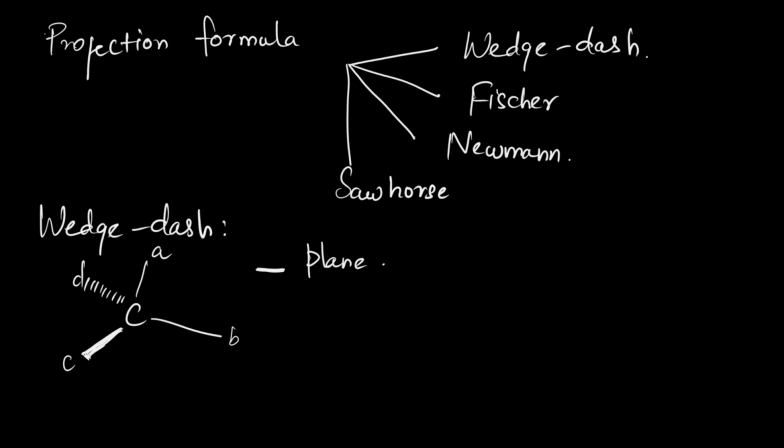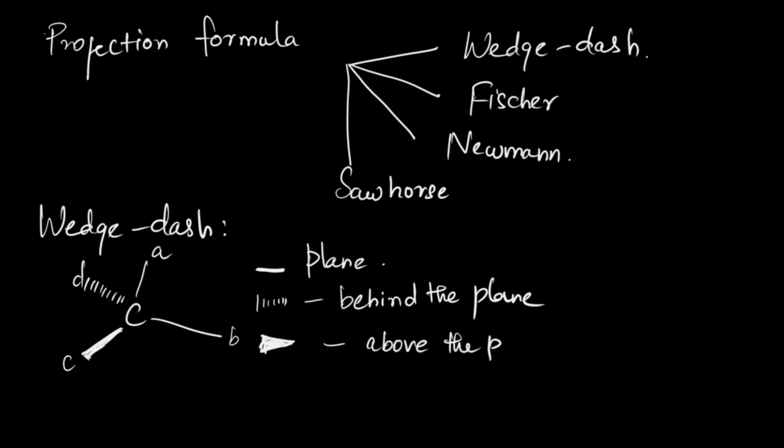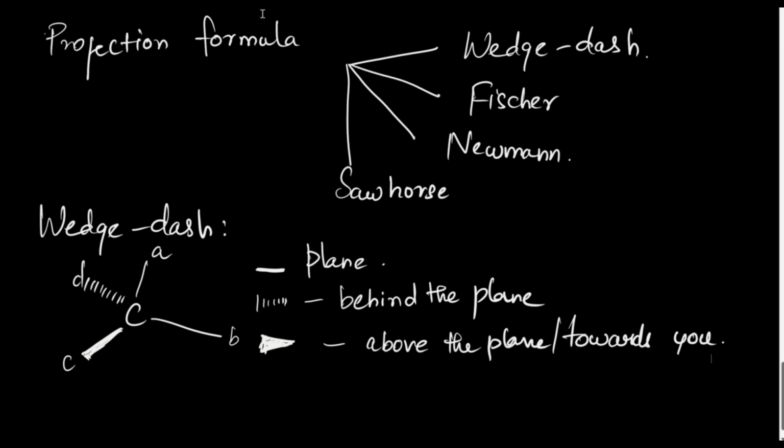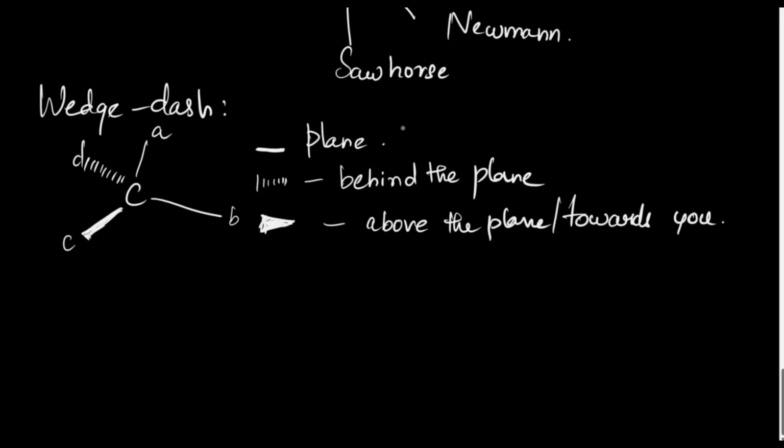If it is denoted by a dashed wedge or dotted lines, then that is behind the plane, far from you. If it is mentioned as a solid wedge, then that is above the plane, towards you. Okay, that is wedge dash.